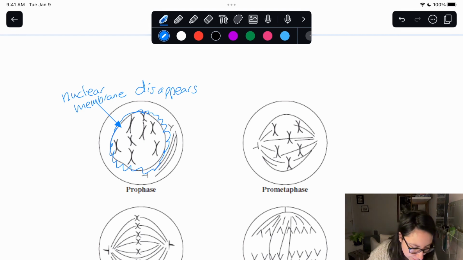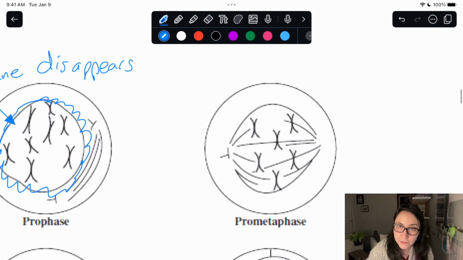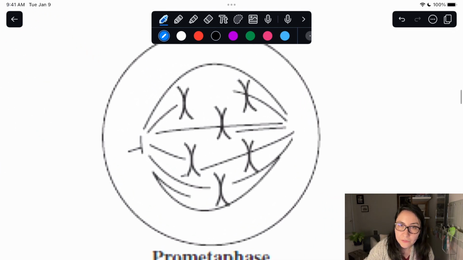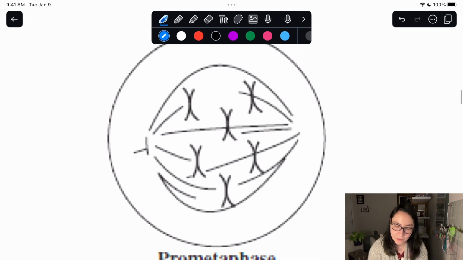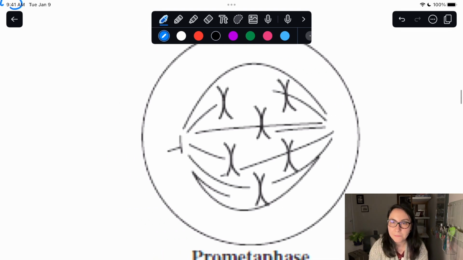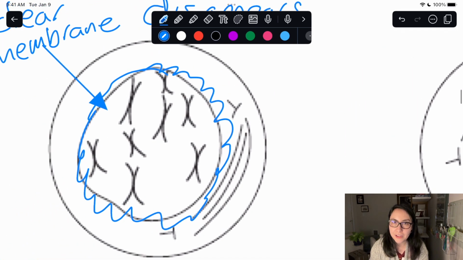Then the next thing that happens is in prometaphase, and I'm going to zoom in a little bit here. Notice how there is something missing. You have 1, 2, 3, 4, 5, 6 in prometaphase. But how many did you have over here in prophase? 1, 2, 3, 4, 5, 6, 7, 8.